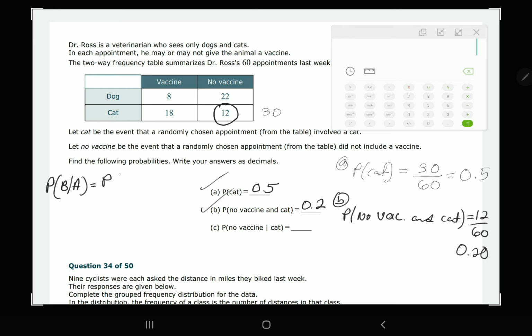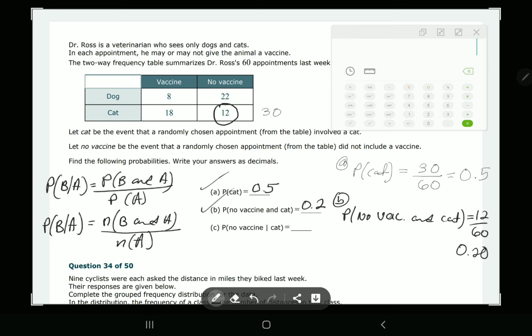The probability of B and A divided by the probability of A. You can also write this as the probability of B given A equals the total of B and A divided by the total of A.